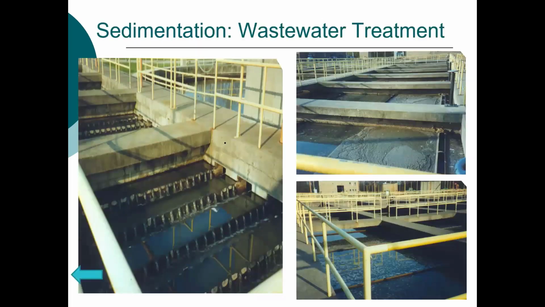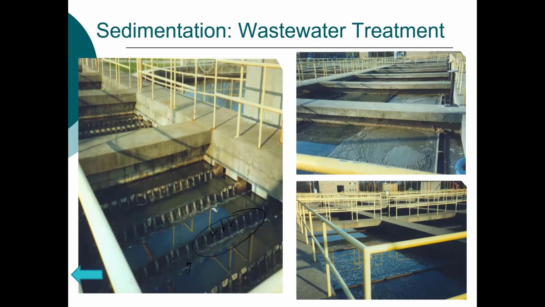These are the sedimentation basins from the East Lansing wastewater treatment plant. Same type of apparatus that we've talked about in terms of the launders. You can see the launders right in here. So the water flows over the weir, and there's actually a weir here, and then into a launder, and then into a central collection channel.